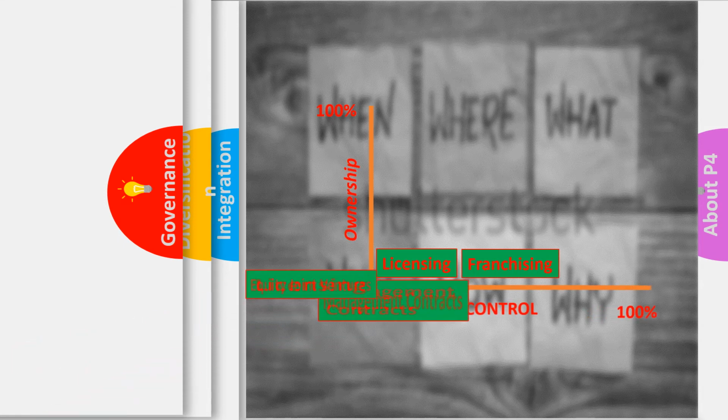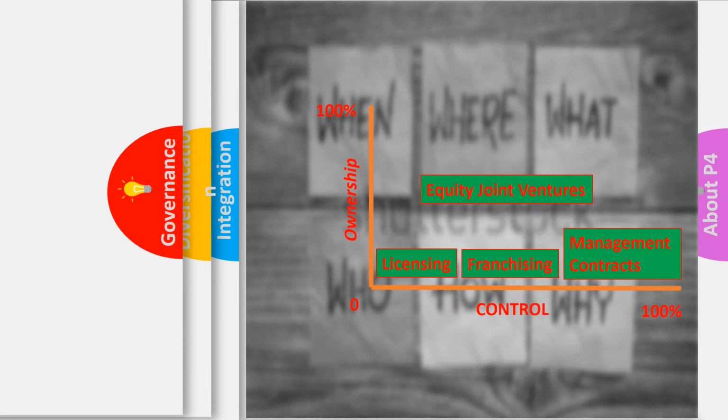With franchising, it moves on to more control with management contracts. But then in terms of ownership, you're kind of middle of the road in terms of control for joint ventures, but you have more ownership over equity joint ventures than licensing, franchising, and management.